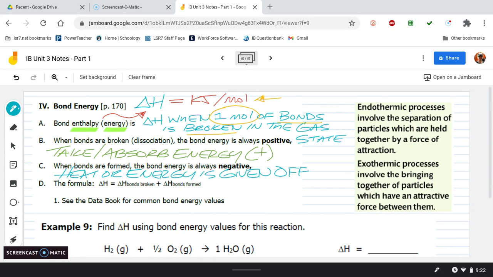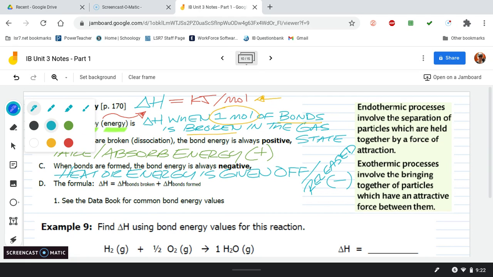When we do a lot of reactions in class, a lot of times they heat up. That's because, got to fit in the word released here, the chemicals we make are more stable. They don't need all of the extra energy, so we feel the heat coming off of them, and they're warm. If you look over here on the right, it says an endothermic process involves the separation of particles.